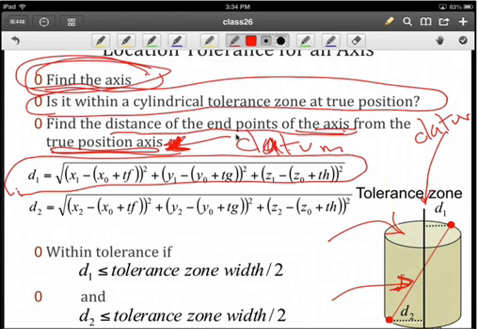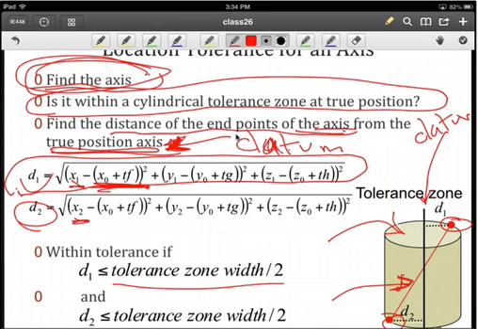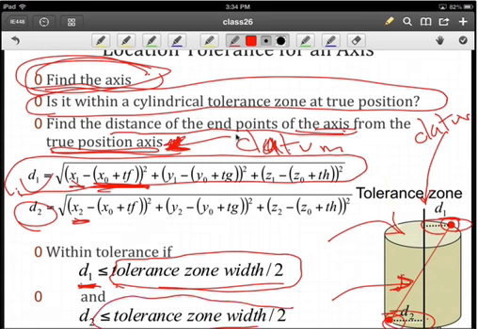Once I do that, then I can take the difference between the points, the endpoints here, and our axis. So I calculate this, which is fairly straightforward, and now I'm going to look at the half width of the tolerance zone. In other words, the dotted lines here indicate how far we are from the axis corresponding to true position. So if that distance, which is a radial distance, is less than the radius of the tolerance zone, then we're going to say it is within tolerance.